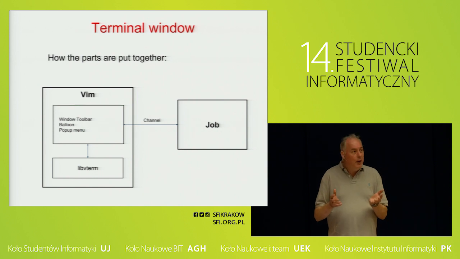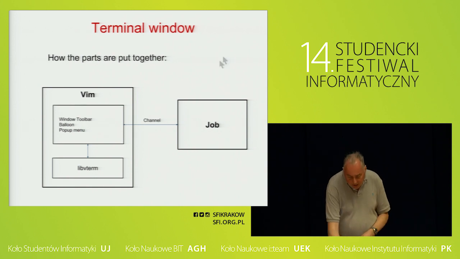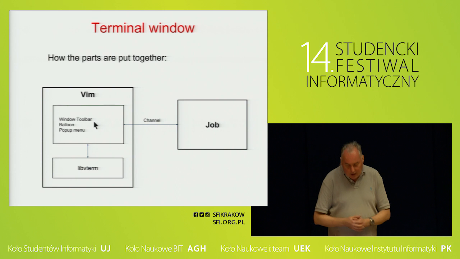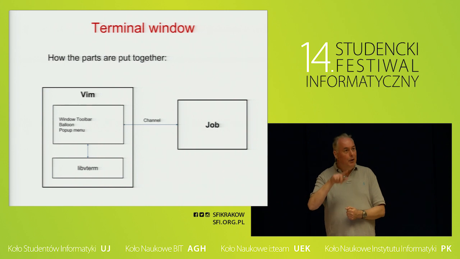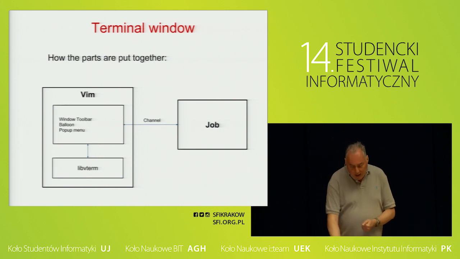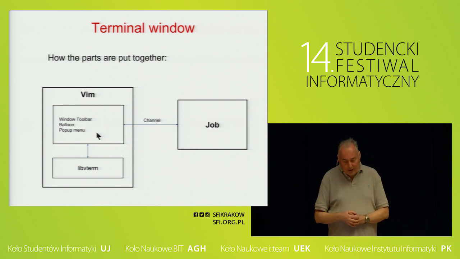So inside Vim, the main code, you have the window toolbar, where you can click on things. You have the balloon, so if you move the mouse and hold it somewhere, it pops up the balloon. And you have the pop-up menu, which is a right button click. It all sounds very simple, but it still has to be implemented.